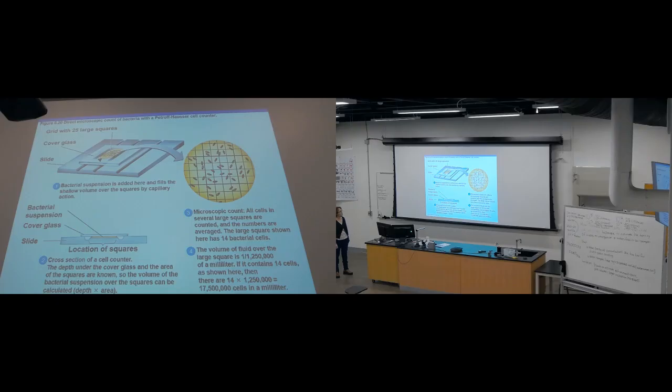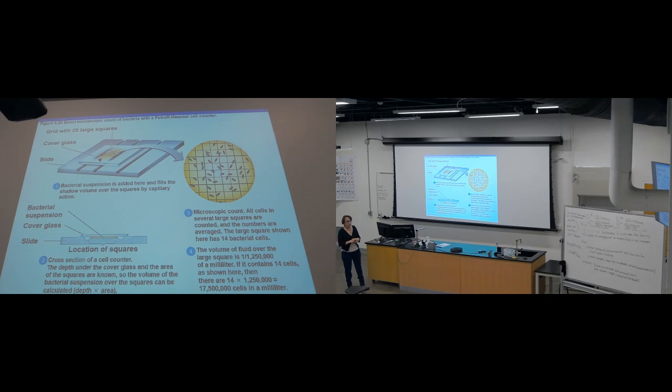Now let's move then into a fast direct method for counting bacteria, which is direct microscopic count. In direct microscopic count, you have a special glass slide that has a cover, which is a cover slip.